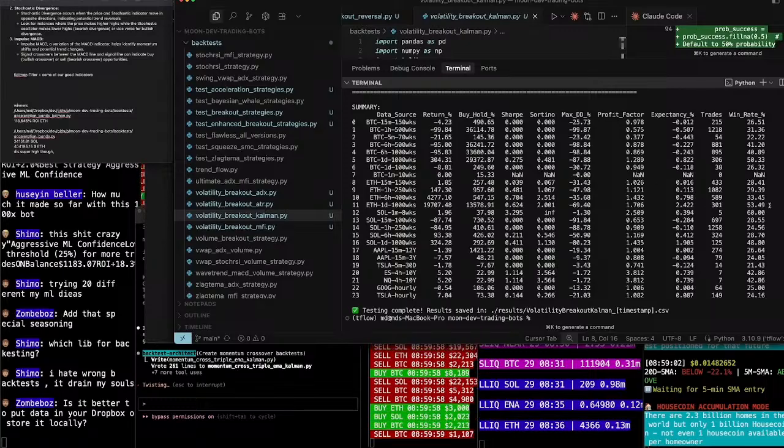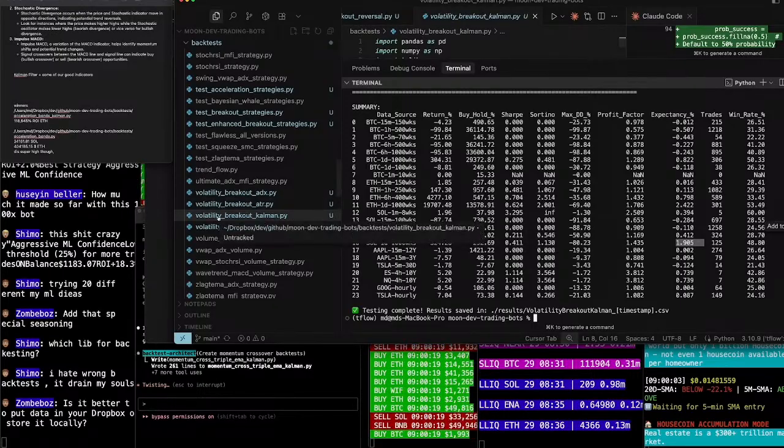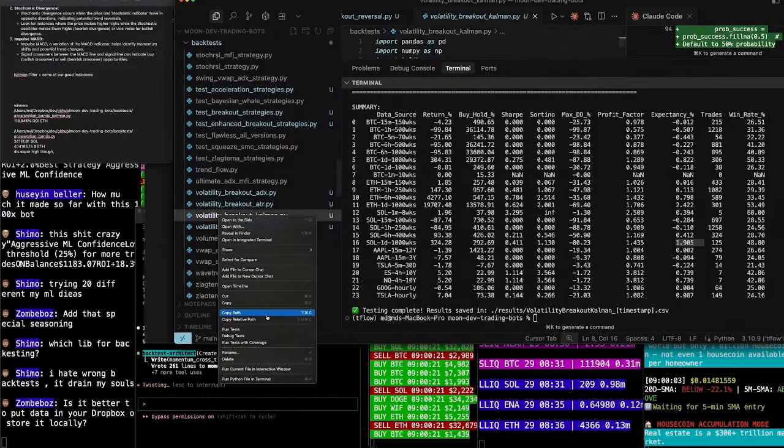Expectancy here, 2. ETH 1 day, okay. Return SOL 1 day is better than the buy and hold. Expectancy 1.9. BTC 1 day, 1,000 weeks. These aren't bad. Volatility breakout common.